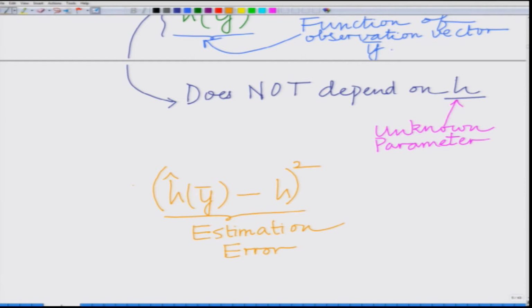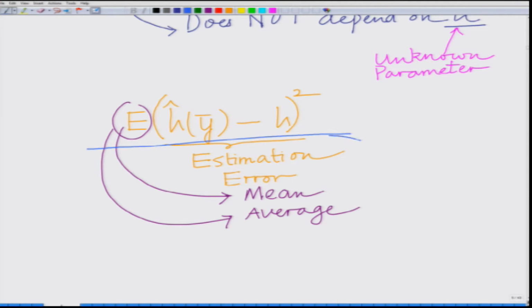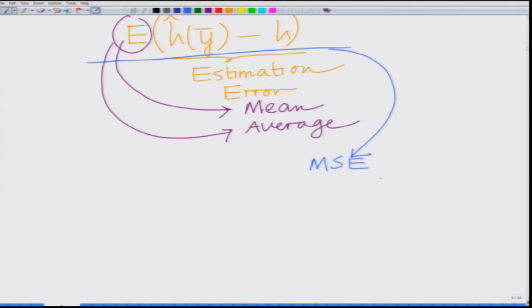So, I am going to denote this average by the expectation operator, which gives me the mean. This quantity represents the averaging, and this total quantity is known as the MSE, the mean squared error, which is an important quantity that we will be considering in the rest of this course.